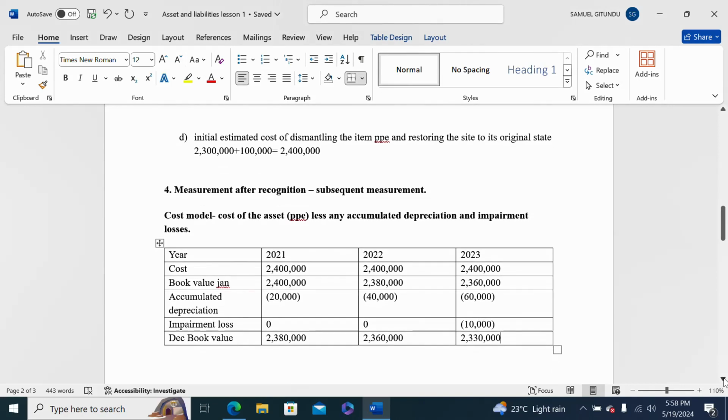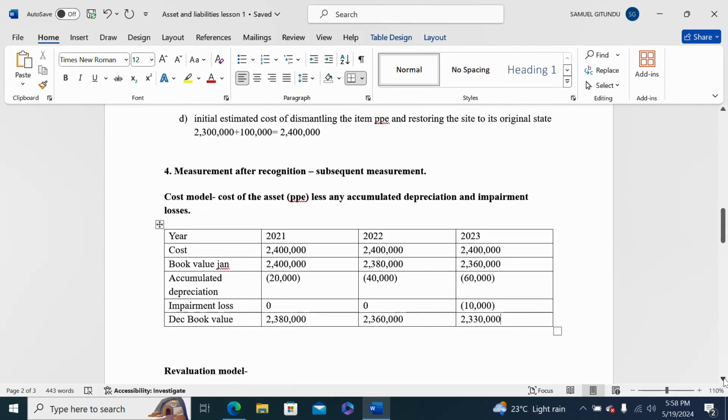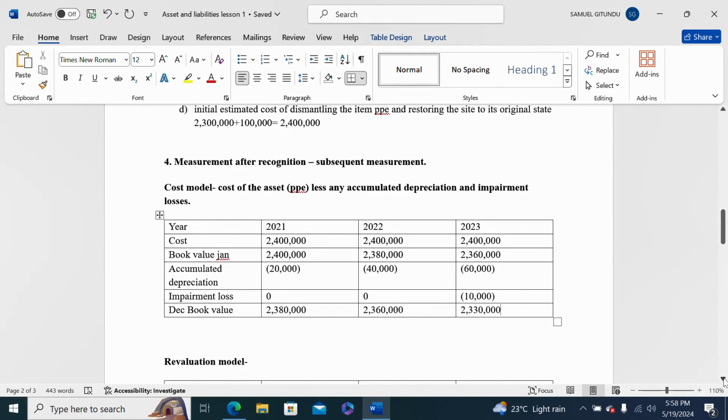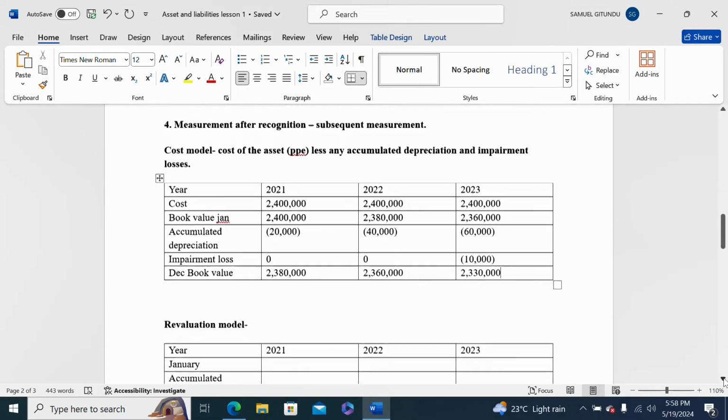Then the other model of measuring the carrying amount of an asset after the initial recognition is called the revaluation model.